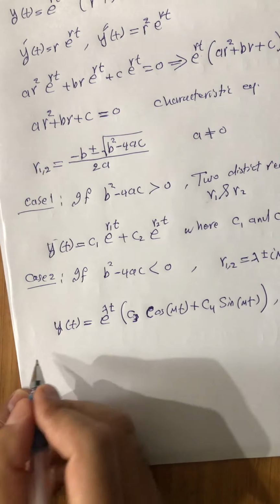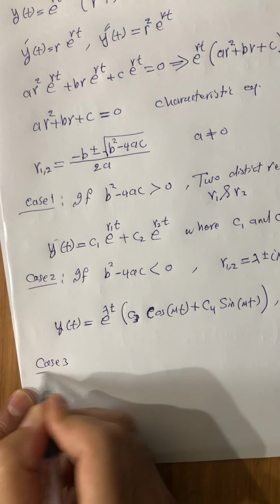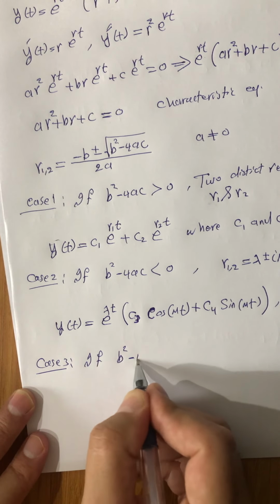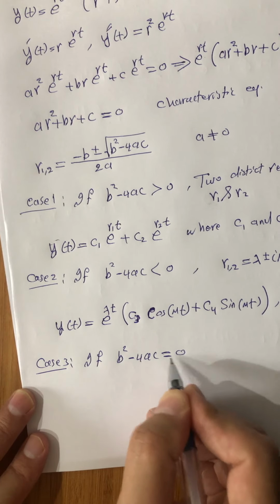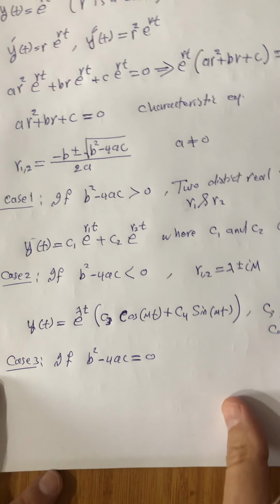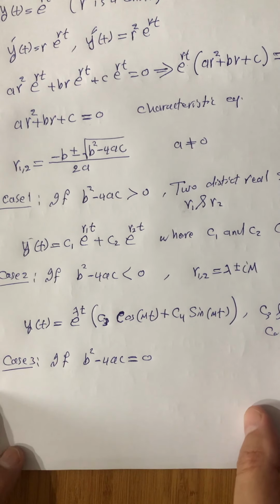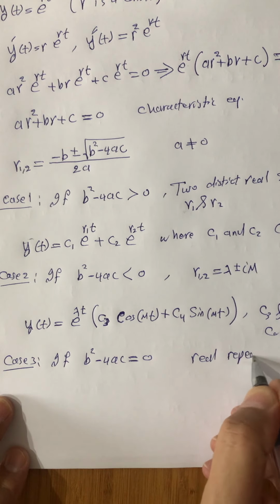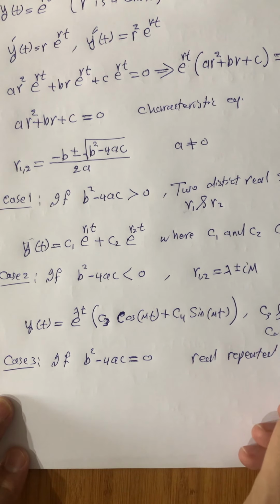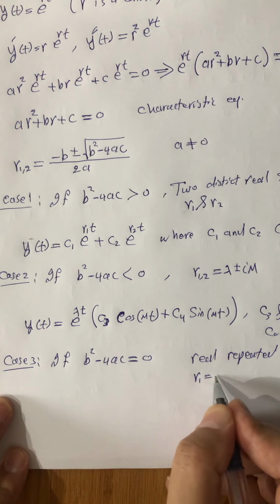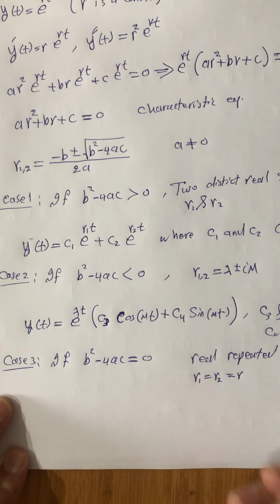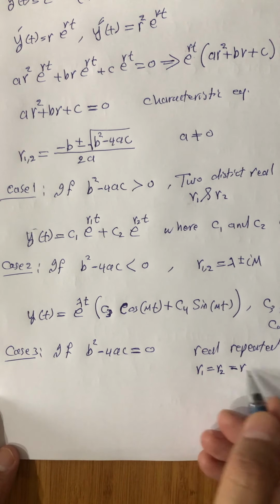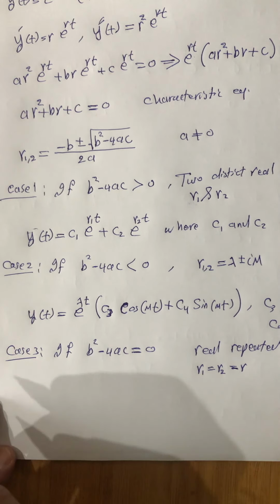The last case, case 3: if b squared minus 4ac equals 0. In this case we get a real repeated solution, r1 equals r2 equals some r.